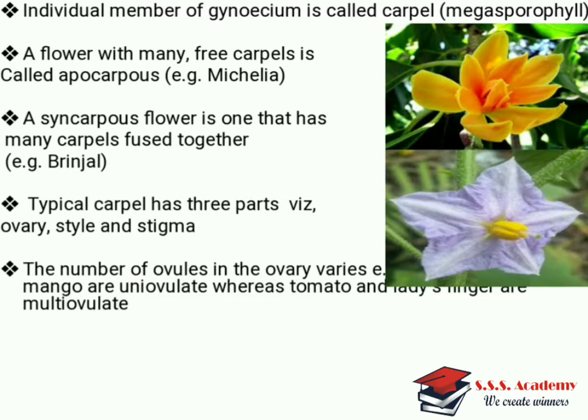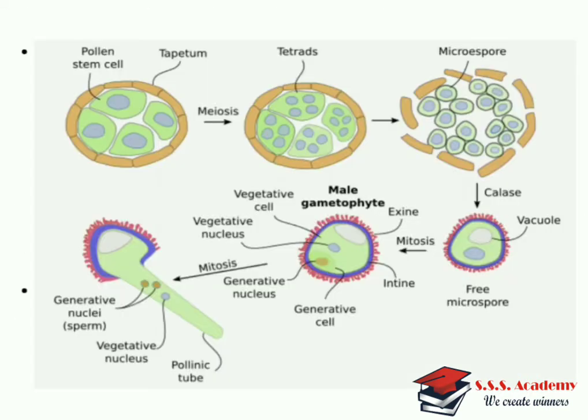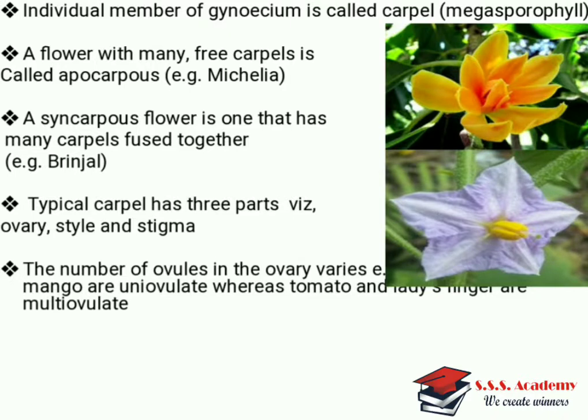And if you observe the first diagram or first picture, it is of Michelia flower, and those carpels are free, and therefore it is called as apocarpous. So a flower with many free carpels is called as apocarpous. The example I have shown you as far as the picture is concerned, it's of Michelia. See, if you observe that flower of a Michelia, those carpels or megasporophylls are free, and therefore it is so called as apocarpous.